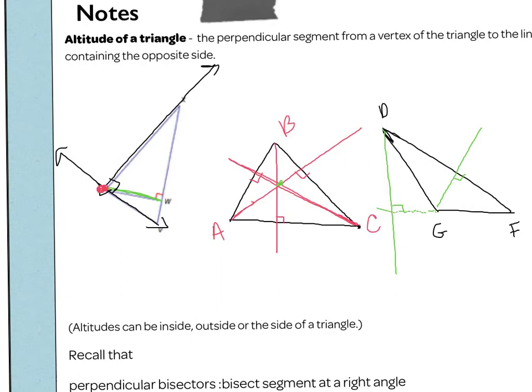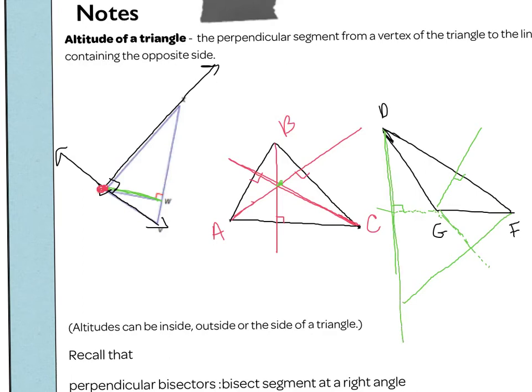So what you imagine is you're extending segment GF out. Okay? And then last but not least, we're going to make the one from F. And again, this one is also going to come from the outside. There we go. And imagine that we extended the triangle here. Okay? So we have these three altitudes.